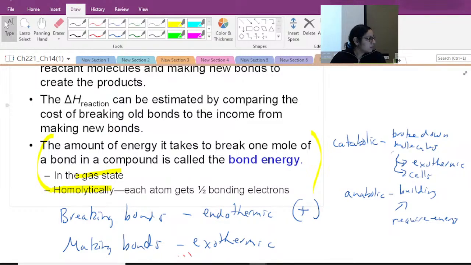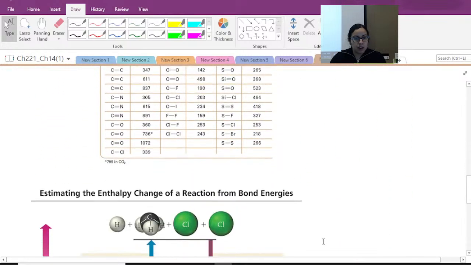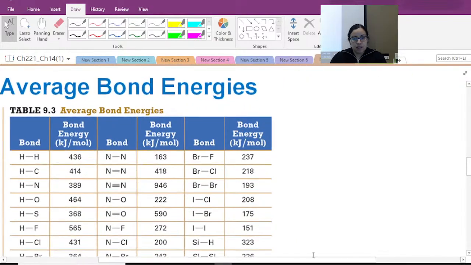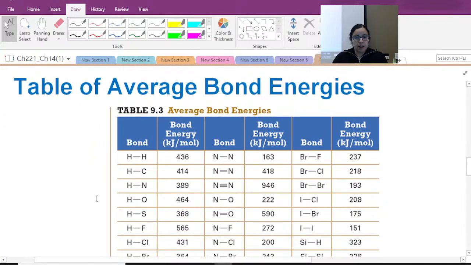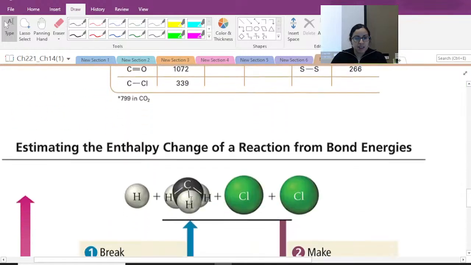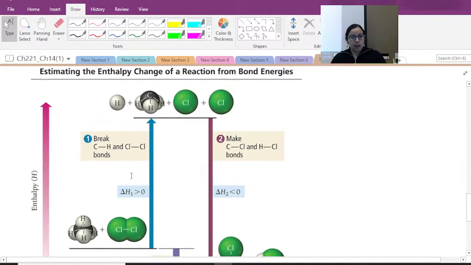All right, starting to run out of time here, so we'll leave off with this. We have our bond energies, and we'll pick up on Thursday. We have this table of bond energies, and we'll see how we can quantify that.